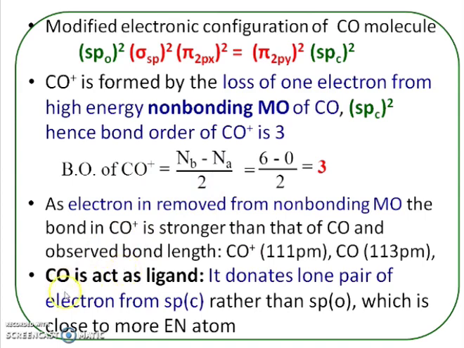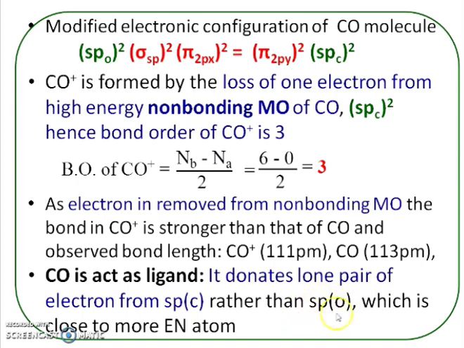And at the end, carbon monoxide acts as a ligand, as I already told you, and it donates a lone pair of electrons from the sp hybrid orbital of carbon rather than the sp hybrid orbital of oxygen.